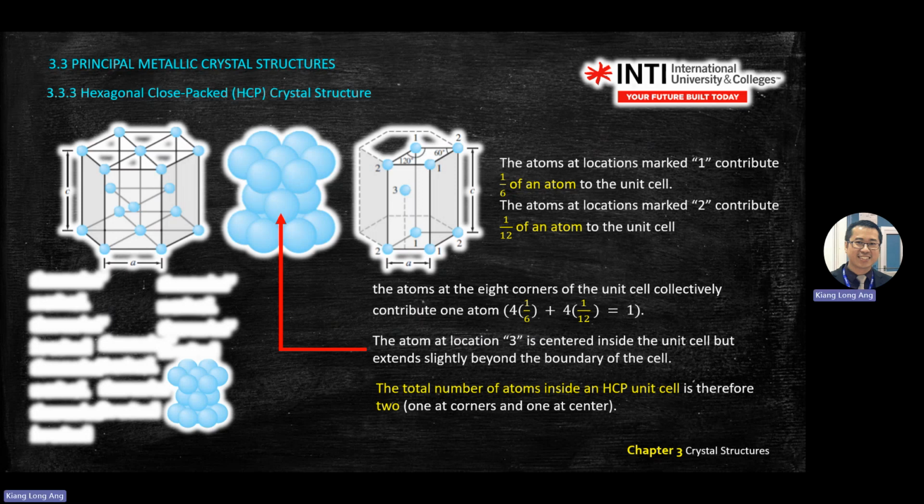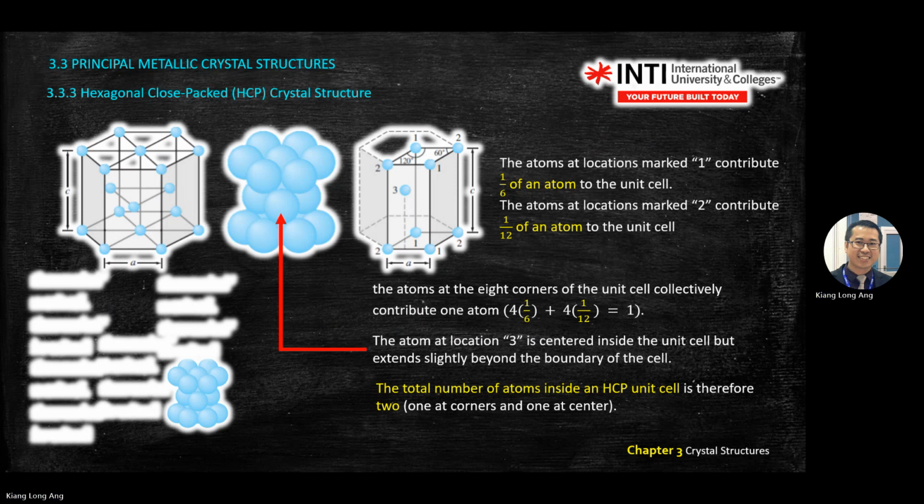I would highly recommend you go home and try to draw this, the angle, the 1s and 2s, and then there's number 3 at the center. Number 1 is 1/6 atom, number 2 is 1/12, and this one is 1 atom itself. So 1 plus 1, you get 2.